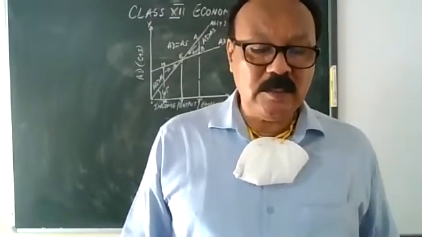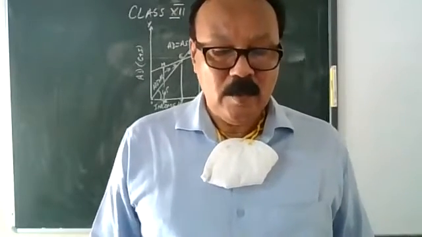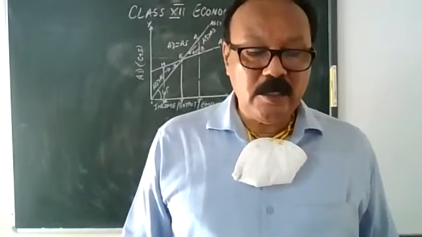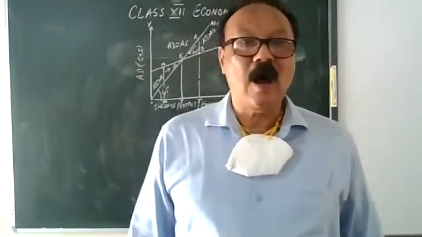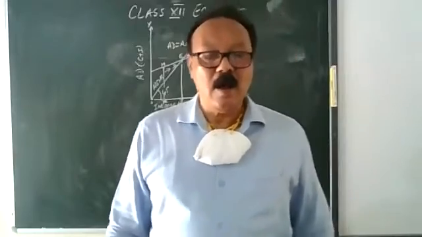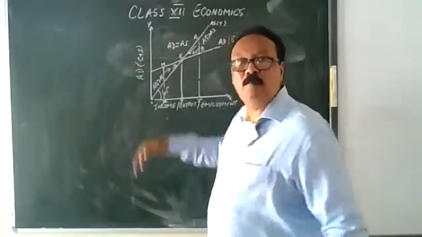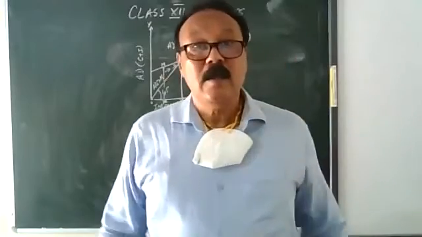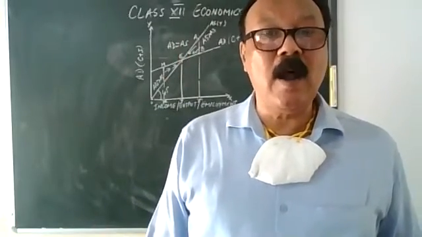The flow of goods and services will be less than the demand. So the producers will find that the stocks are falling below the desired level. They have to take care of the demand.